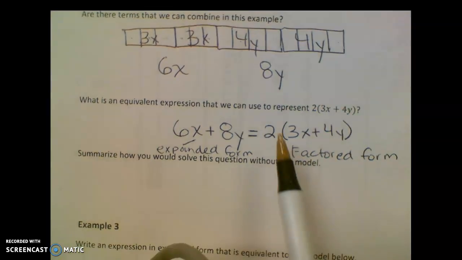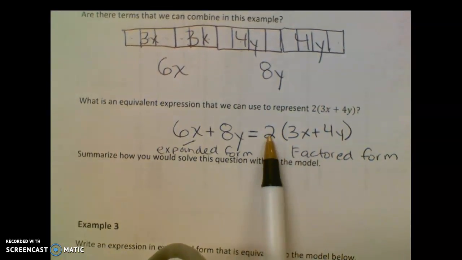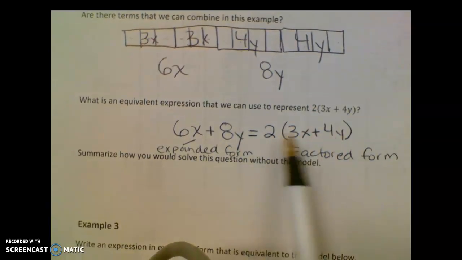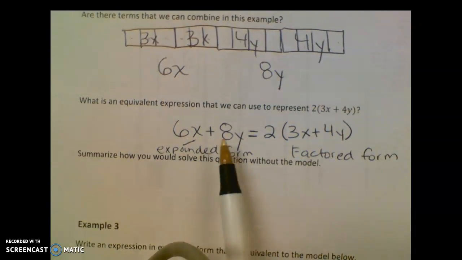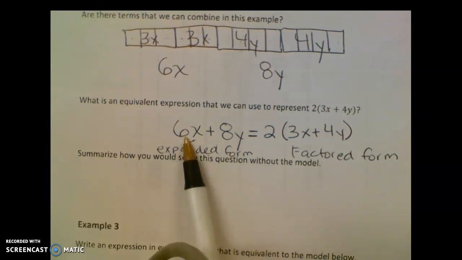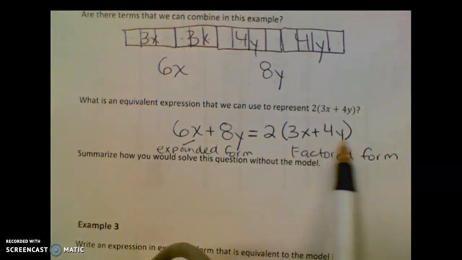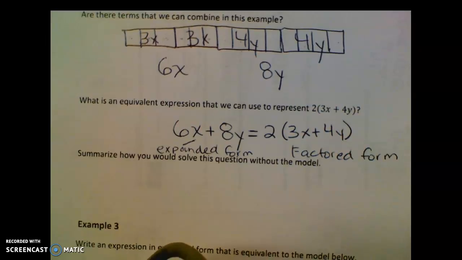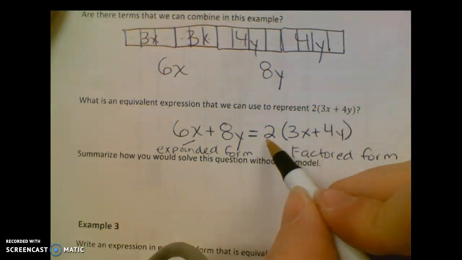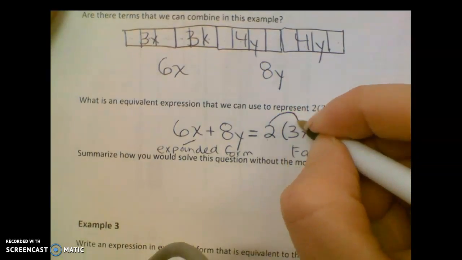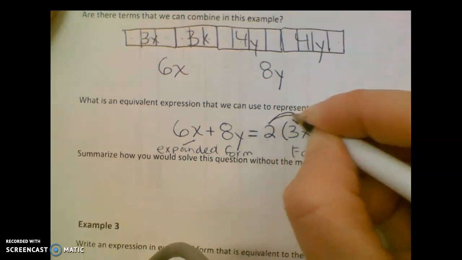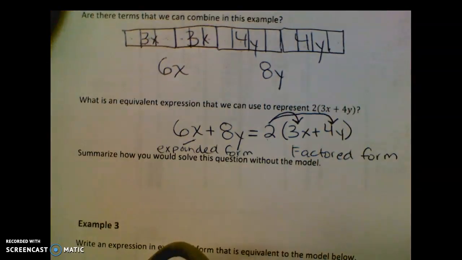Do you notice what I did here to get from two groups of 3x plus two groups of 4y to 6x and 8y? How can I get 6x's here from this situation? Well, hopefully you remember the distributive property means to pass out groups of. So what I'm really doing here is I'm passing out two groups of 3x and two groups of 4y.